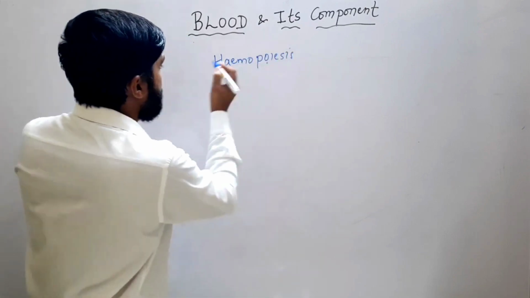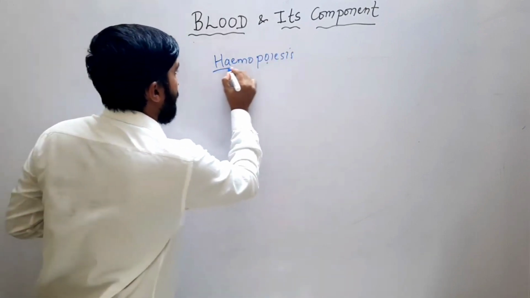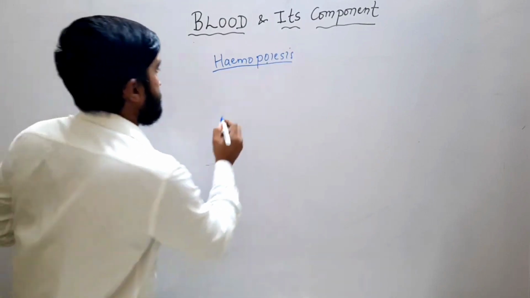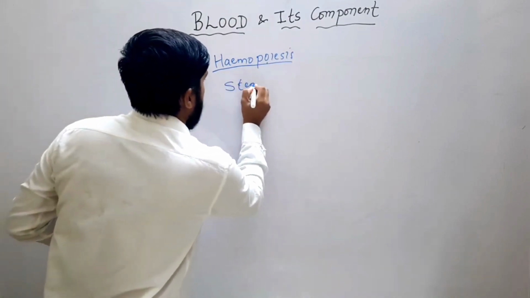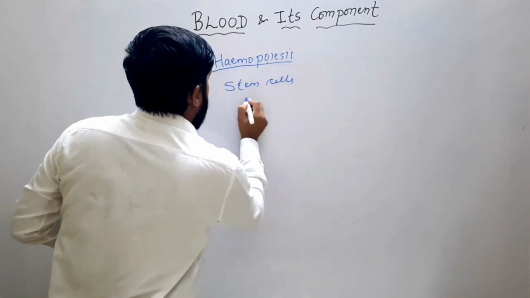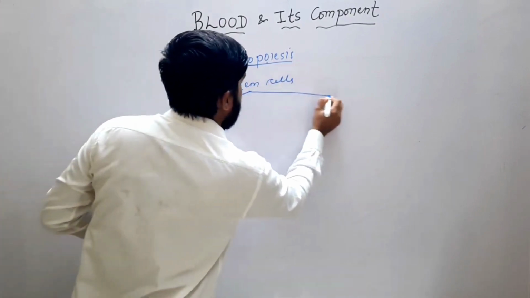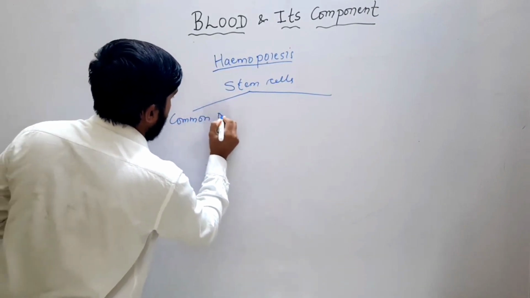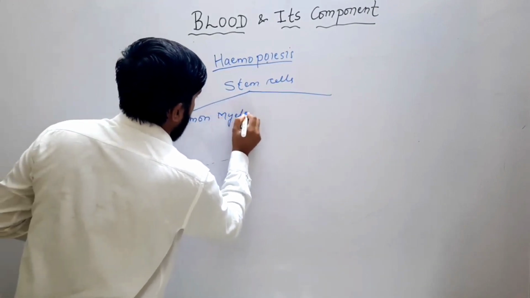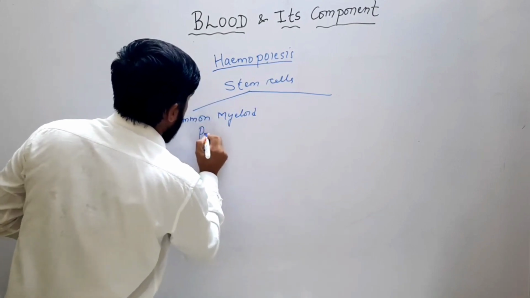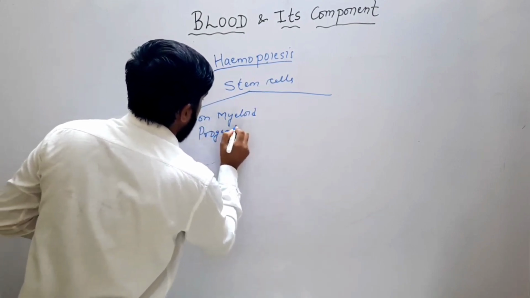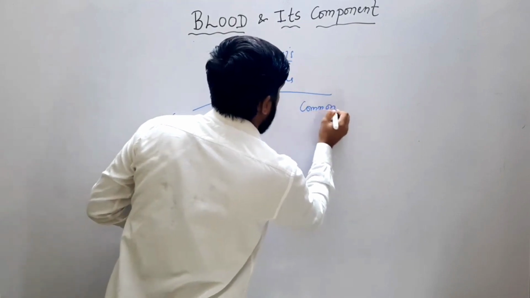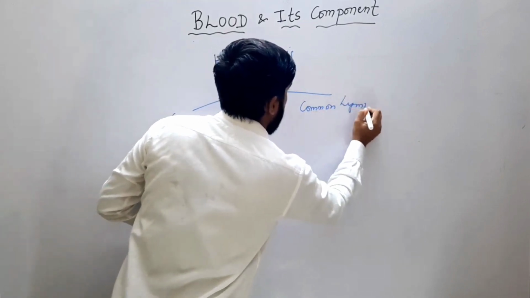So these originate in the stem cells, and in stem cells two types of cells are present: common myeloid progenitor and second is common lymphoid progenitor.